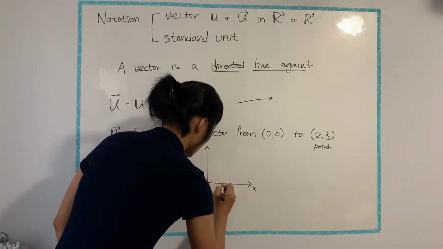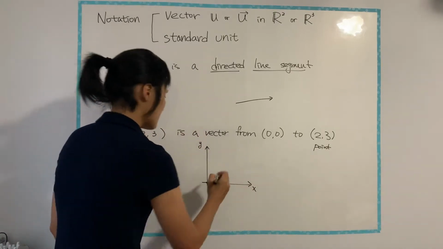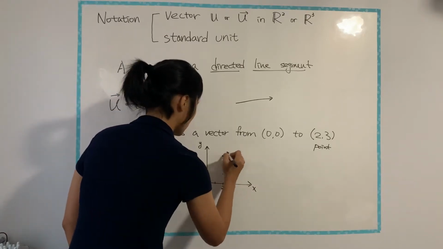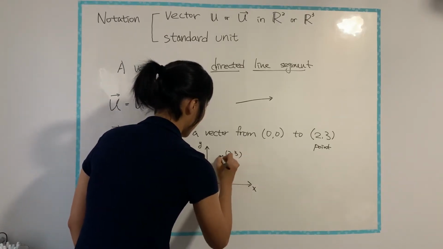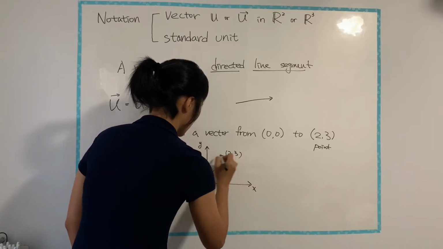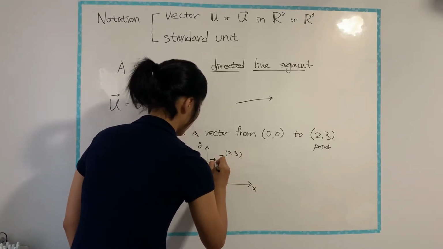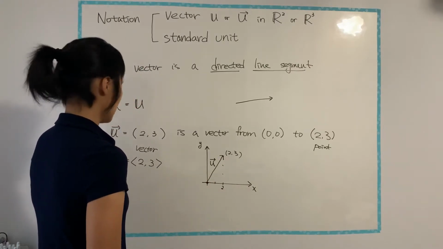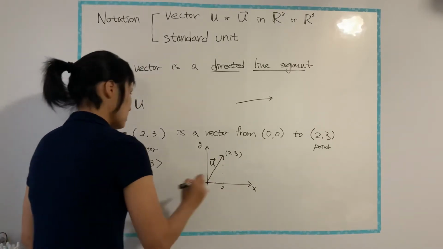So 2 units in the x direction, 3 units in the y direction. (2, 3) is here. Therefore, the vector u is this guy.